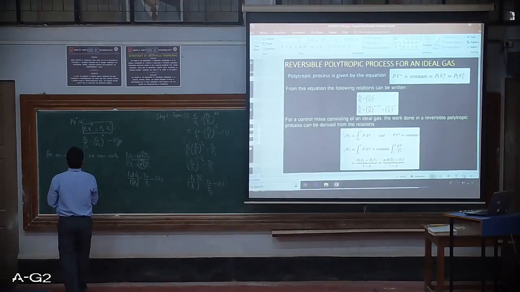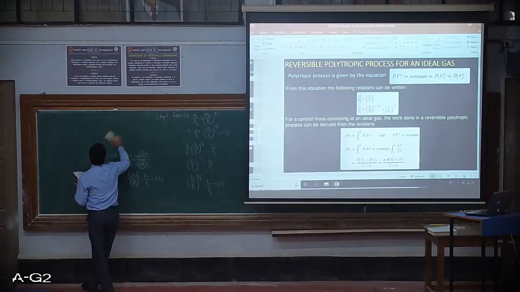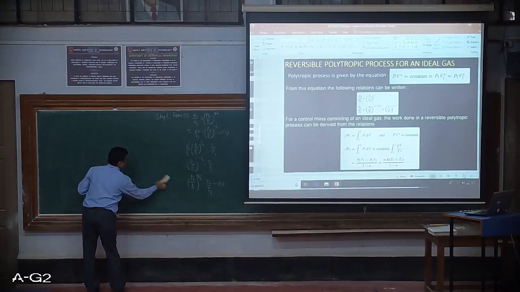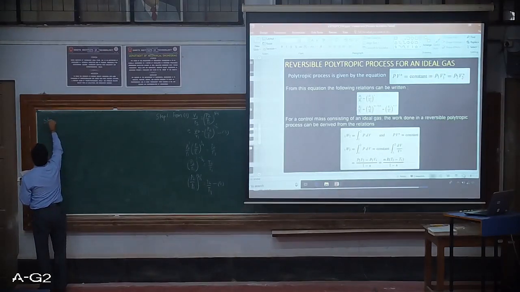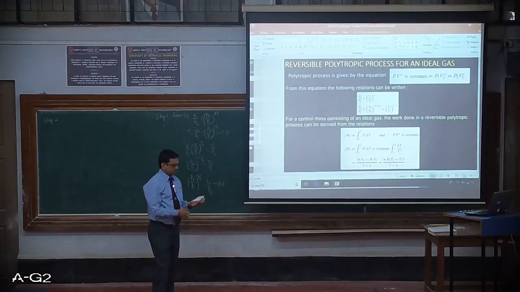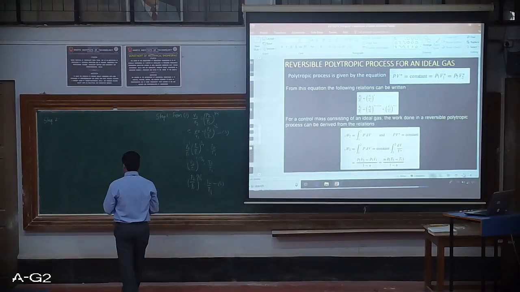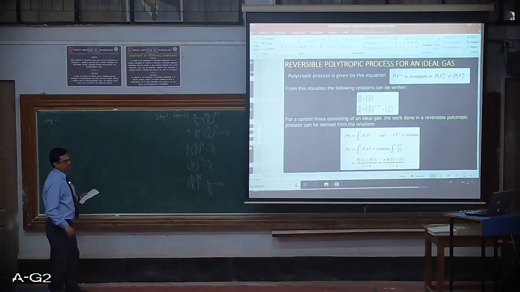Okay. Now on the same line, let me develop another equation. So this is step 2. Substituting equation 1 in 2. So again, whatever P2 by P1 initial equations were there, the same equations are considered here in step 2 also.